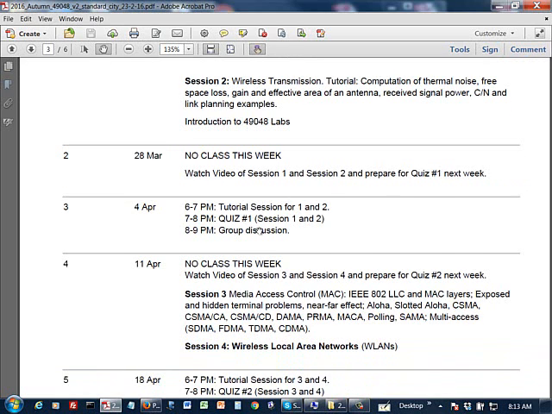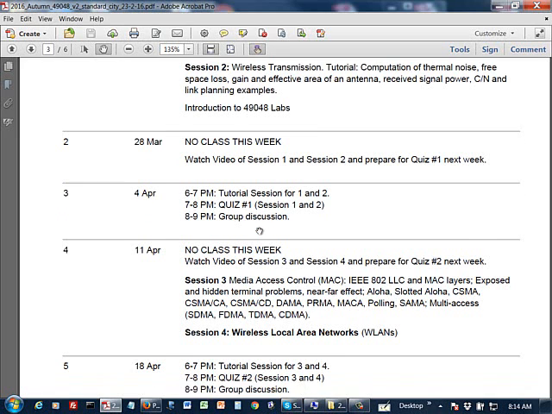The first hour we will spend going through session 1 and session 2, and this is a point at which you can ask questions about session 1 and session 2, and I'll also present some of the important ideas. Thereafter we will go into the lab and you will do quiz number 1 there for session 1 and 2, and after the quiz there will be a group discussion in the lab.